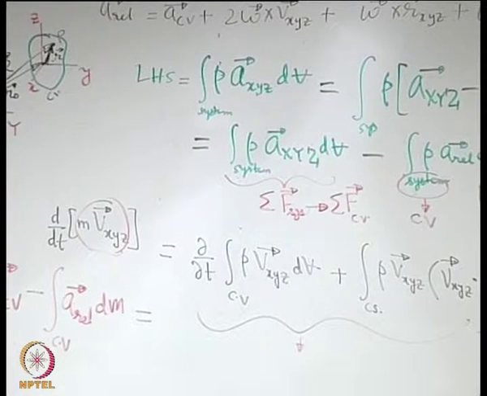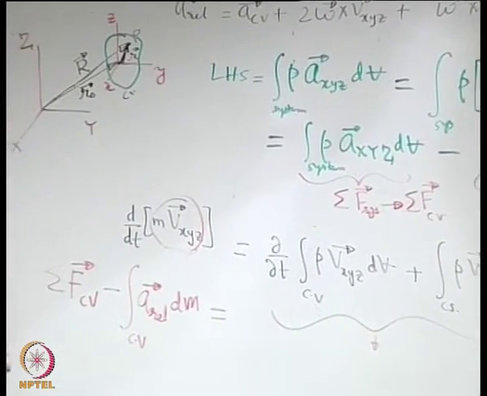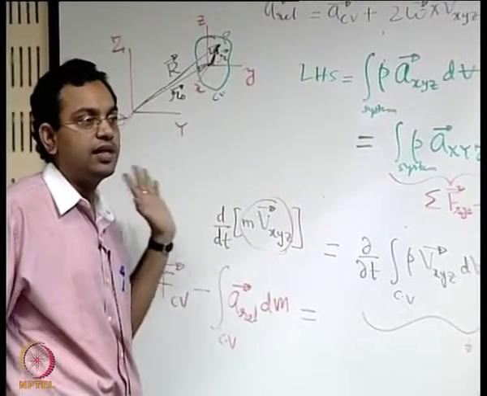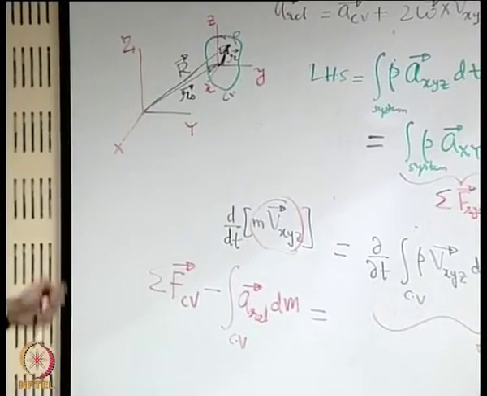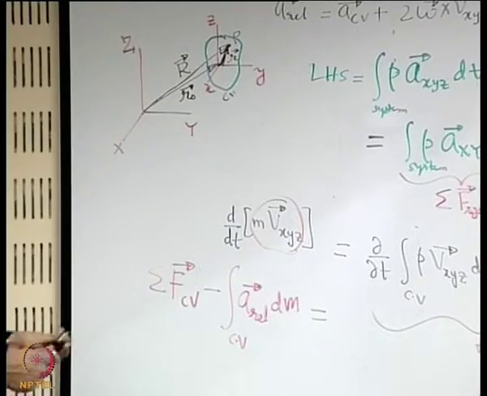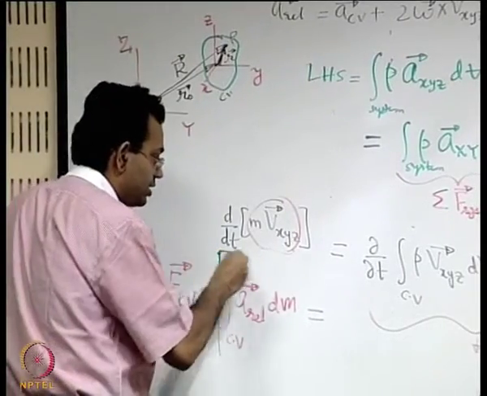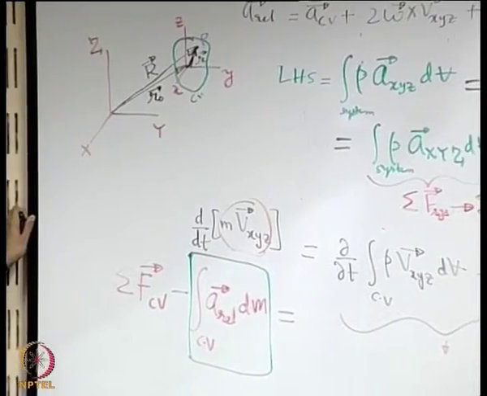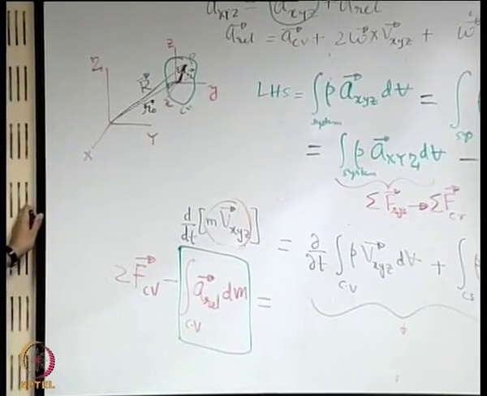So, if you just look into it from a user viewpoint, or a formula user viewpoint, what is the correction that has occurred because of the transformation? The correction is mainly this correction term, and it is because of the acceleration of the control volume.